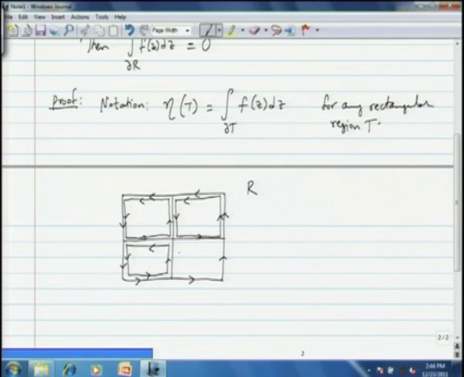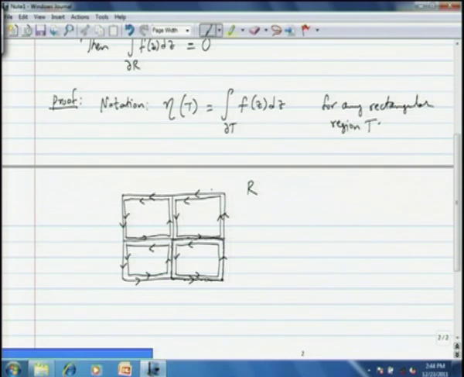So, for example, here is a contour like this, which actually should have been this contour, which is wiggly right now. Instead of drawing such wiggly things, I just drew them inside.